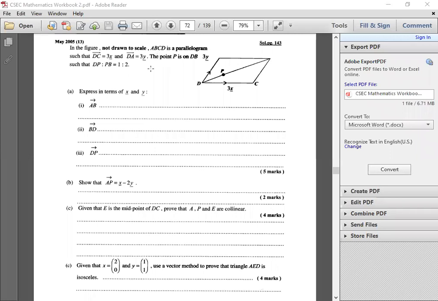So you won't get a full vector question, but it is good to familiarize yourself with every aspect of vector.